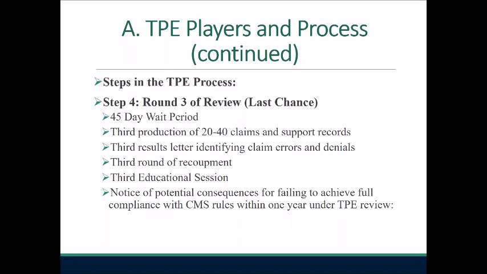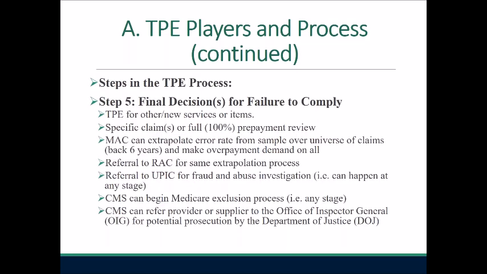So we'll talk about consequences, and round 3 will give you notice of consequences. And here we go, final decisions for failure to comply. So failure to comply with 3 rounds on a TPE.